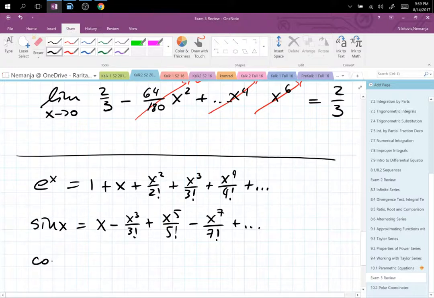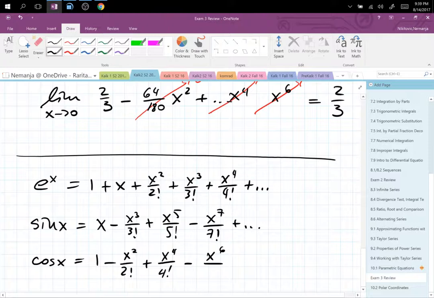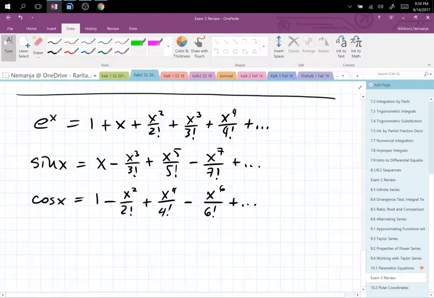And then cosine x is going to fill in the blanks. 1 minus x squared over 2 factorial plus x to the 4th over 4 factorial. And observe that they alternate signs: plus, minus, plus, minus. You always start with a plus and then go minus. These formulas are extremely easy to memorize because these 2 complete each other.